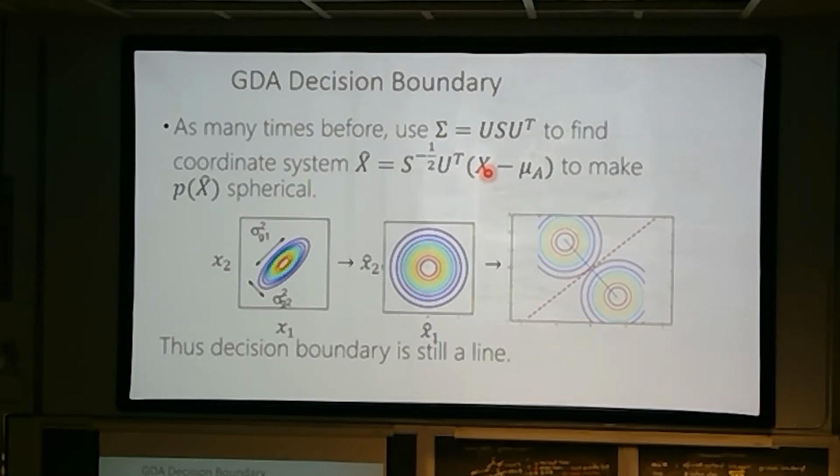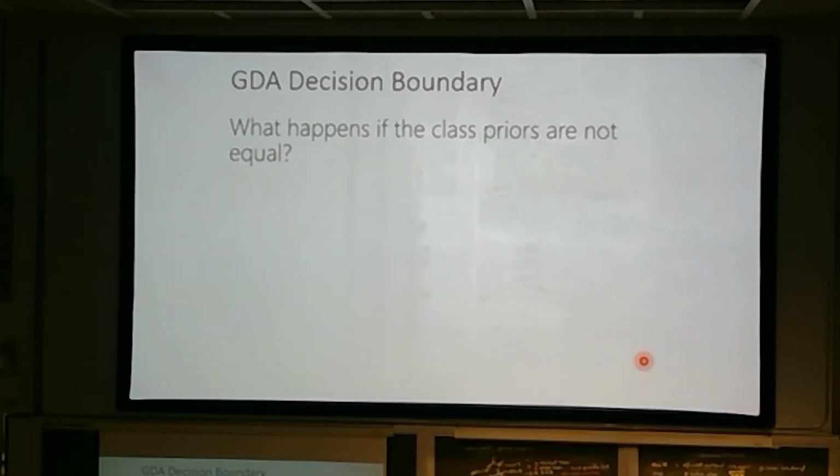I'm just in a different space, and it still is a linear decision boundary. So that doesn't help us terribly if we allow the covariance matrix to be arbitrary. What's going to help us get something richer is if we decouple the covariance matrices. We're going to do that in a second, but apparently not just yet.